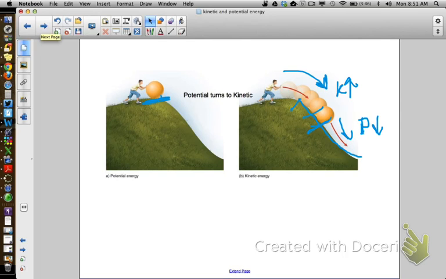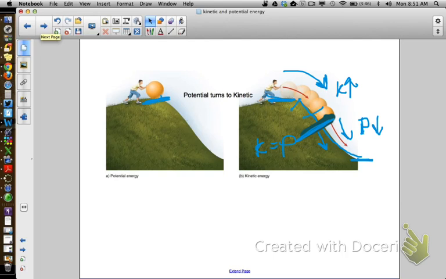At this point here, I'm going to draw it in dark greenish blue, between the very top and the very bottom of our slope, kinetic and potential are equal at that midpoint. There's still potential to increase speed, but it has also reached about the same point where kinetic and potential are equal.